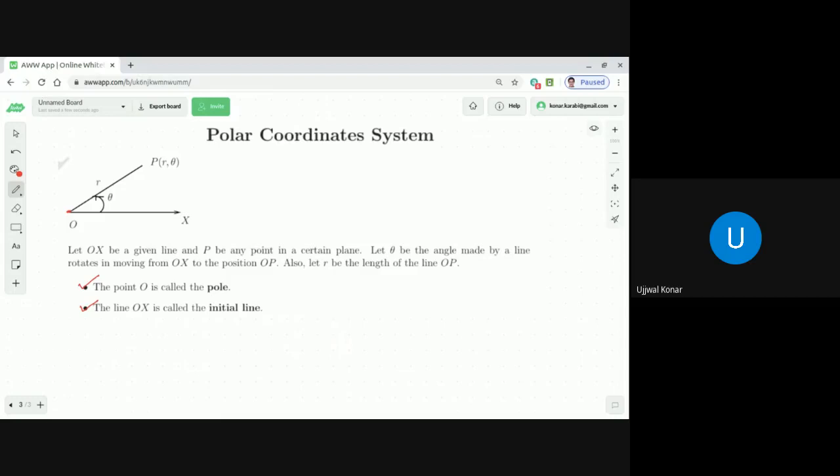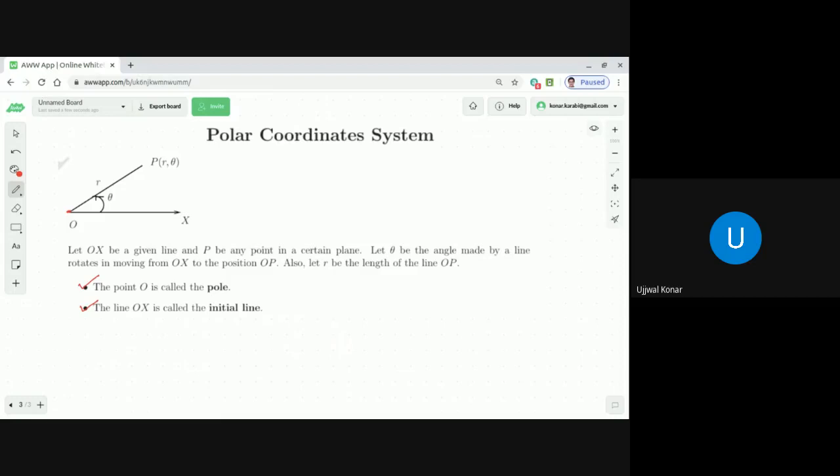With respect to the pole and the initial line, we can represent any point in the plane of this digital board by means of two parameters. The first parameter is called r, and the second parameter is called theta.